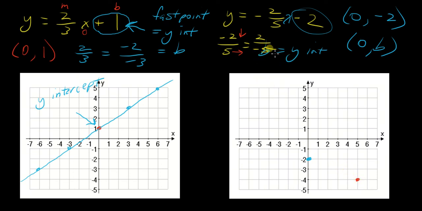Or according to this, if I lose 5 x's, I gain 2 y's. So 1, 2, 3, 4, 5, 1, 2. And there is my line. By the way, I don't know if I have mixed up saying x's and y's throughout this video. I hope not, but hopefully you know what I mean. Looking at the context, if I have said stupid stuff, I get absent-minded and I do stuff like that sometimes.